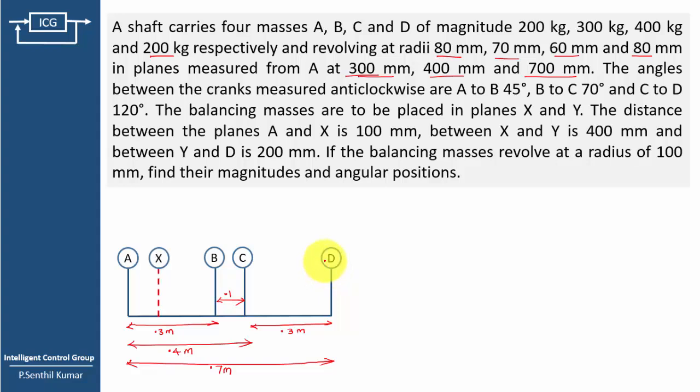Then the angles between cranks measured anti-clockwise are, taking A as the reference plane, A to B 45 degree. So this is 45 degree. I can take this diagram as the linear position, and this diagram as the angular position.